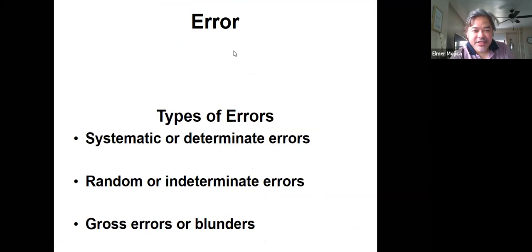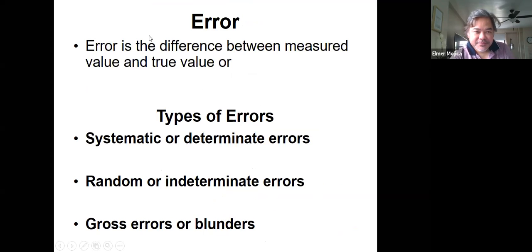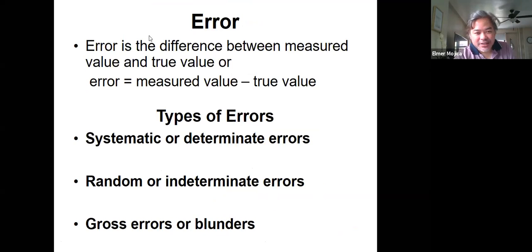So let's go now with the errors. They would say error is the difference between the measured value and the true value. Or you can put it like this.